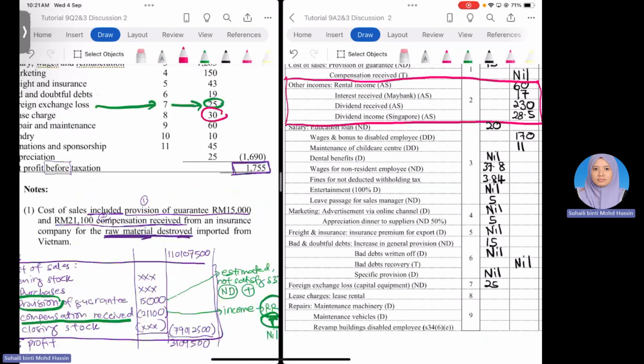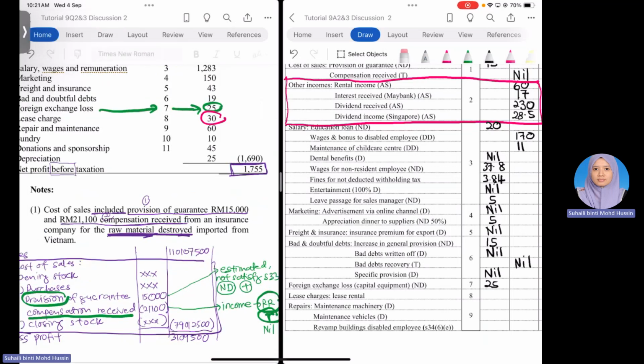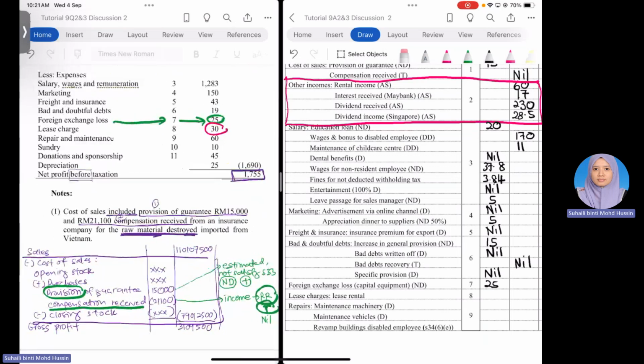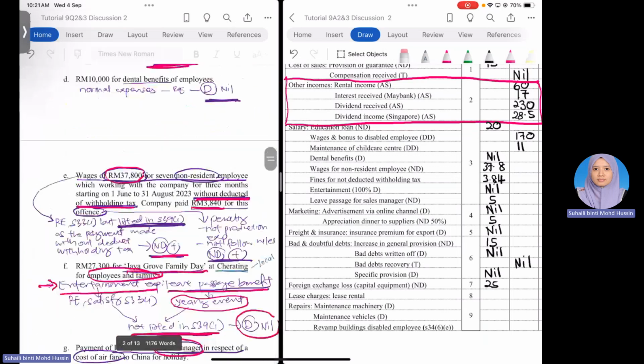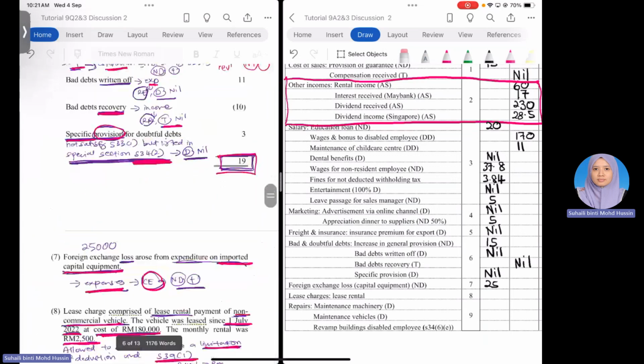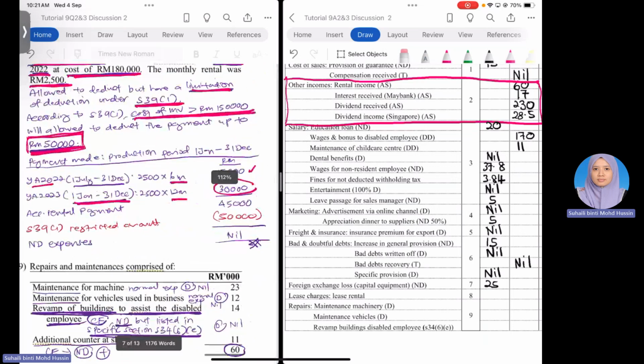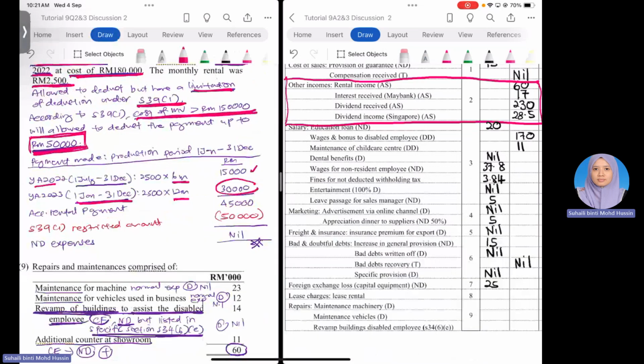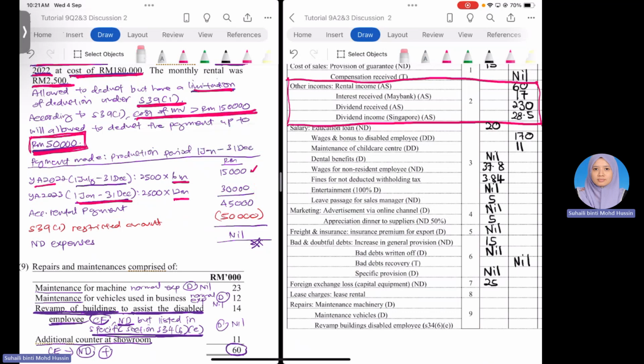To know whether the amount is allowed for deduction, you have to total up the amount paid in the current period and the previous period to get the accumulated lease rental payment. So 15,000 plus 30,000, the accumulated rental payment is 45,000 ringgit.